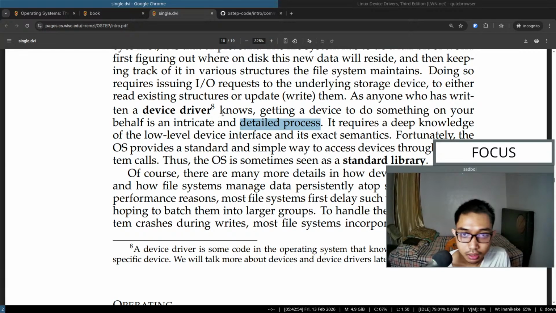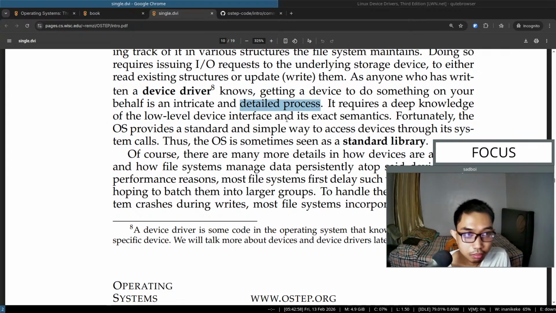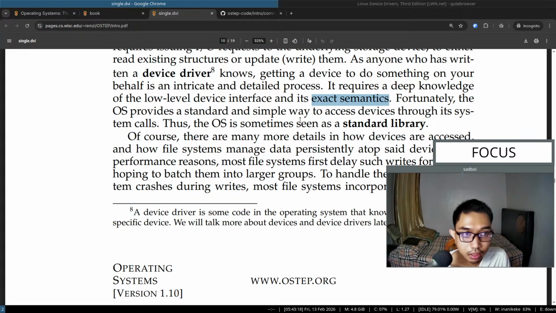Which can be challenging. Okay, it requires a deep knowledge of the low-level device interface and its exact semantics. Fortunately, the operating system provides a standard and simple way to access the device through its system calls. Thus, the operating system is sometimes seen as a standard library.